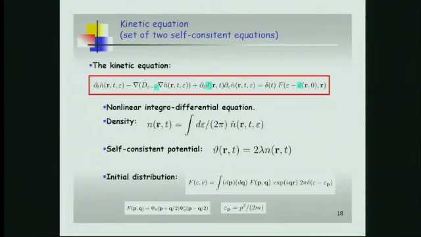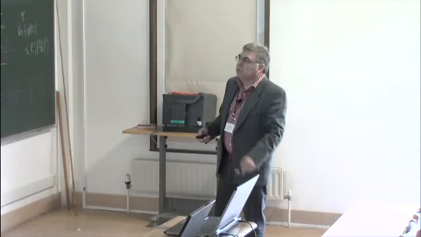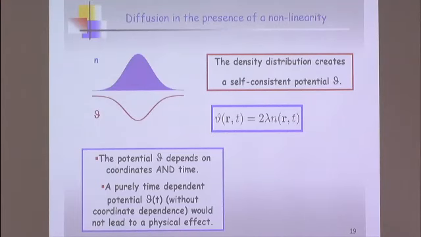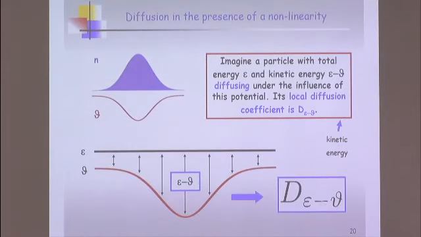And all that is moving in this self-consistent potential, which is created by nonlinearity, and that is the initial distribution, which is sitting here. And it is clear that one should simplify things, namely that since you are moving in this potential which is created by nonlinearity, what is convenient is to shift your energy in such a way that instead of energy you use kinetic energy, just because diffusion will then depend on the kinetic energy.